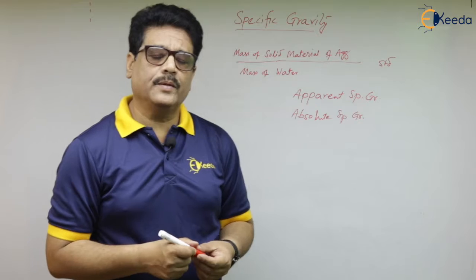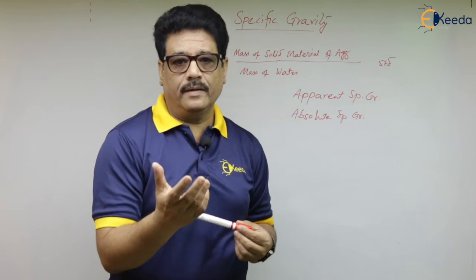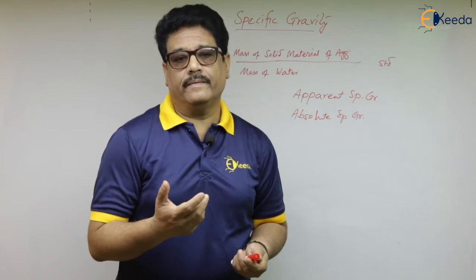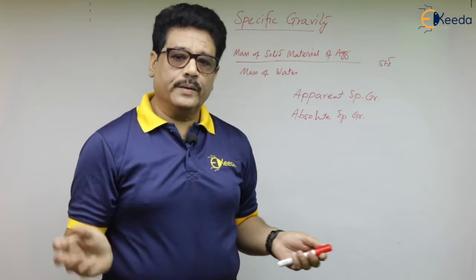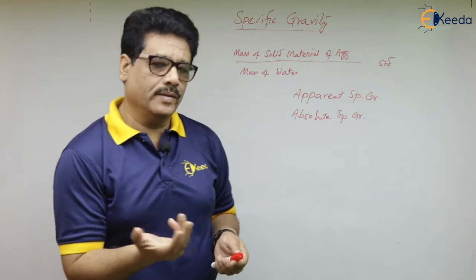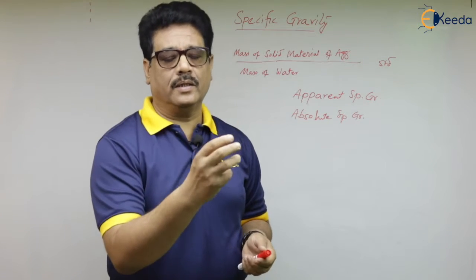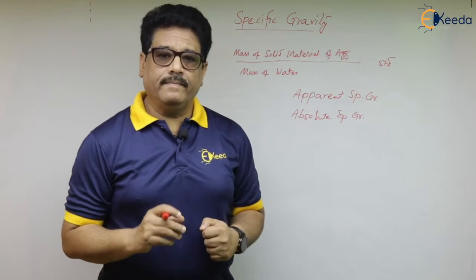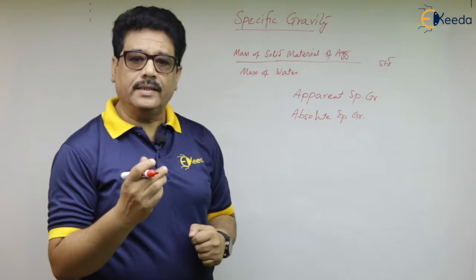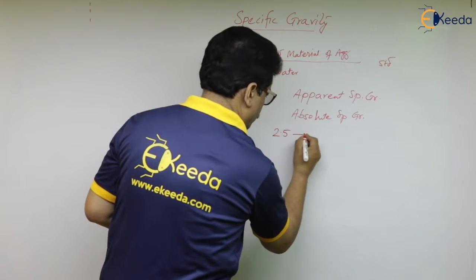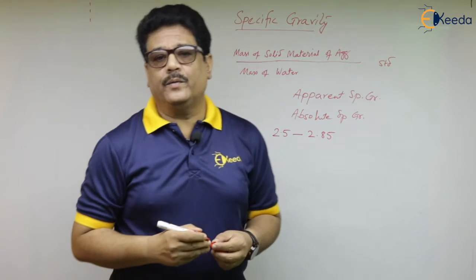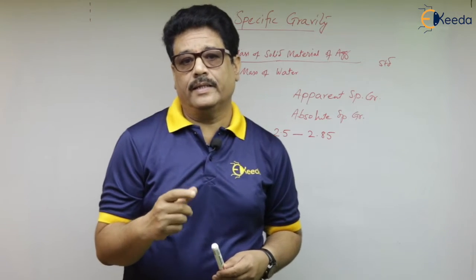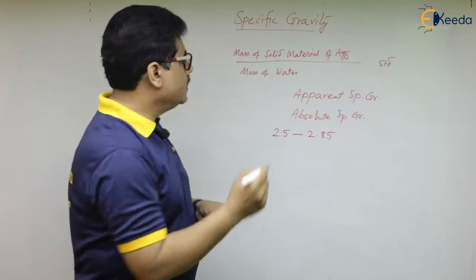You can know that the absolute specific gravity will not permit the inclusion of voids. In case of apparent specific gravity, the pore spaces are also taken in the measurement of mass or volume. Many people also refer to mass, many people also refer to volume of aggregates and volume of water. The specific gravity value of aggregates ranges from 2.5 to 2.85.